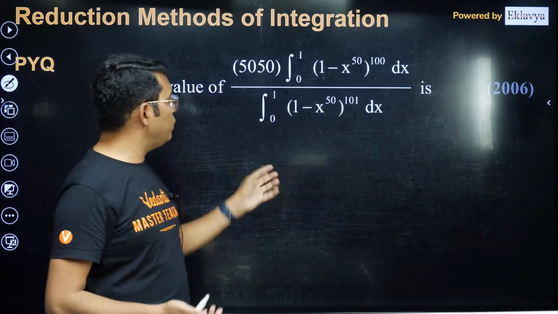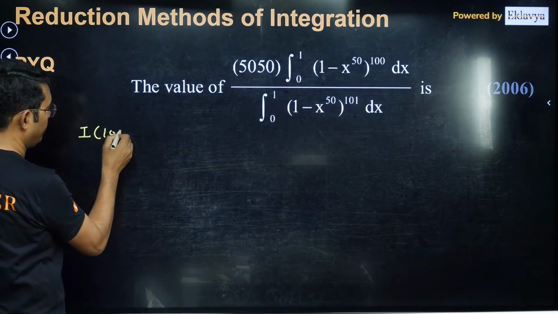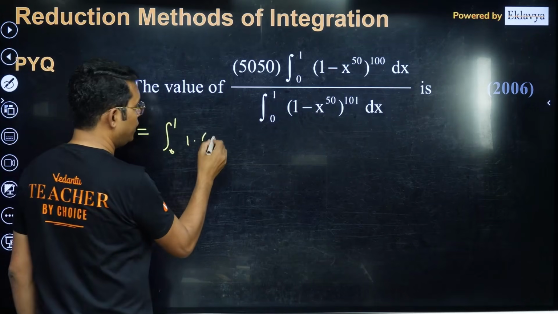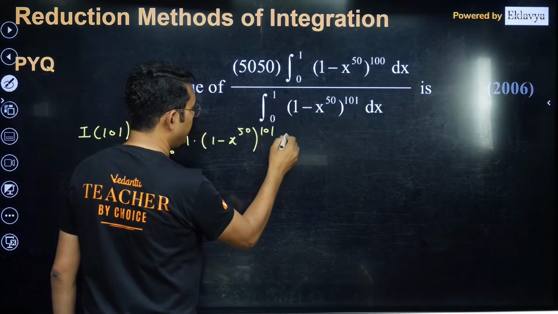Okay, so what we can do, we can start with this I 101 maybe, and this will be 0 to 1, 1 into 1 minus x raised to the power 50, 101 dx.